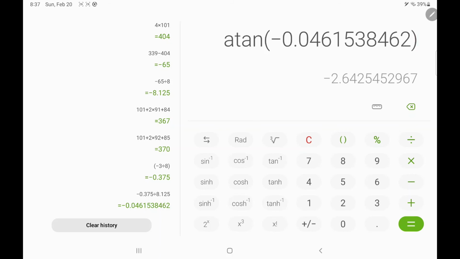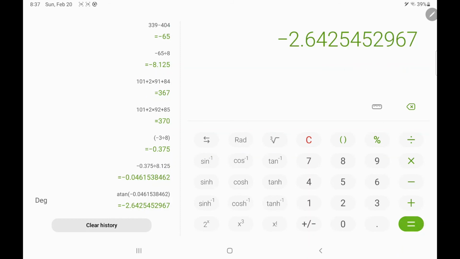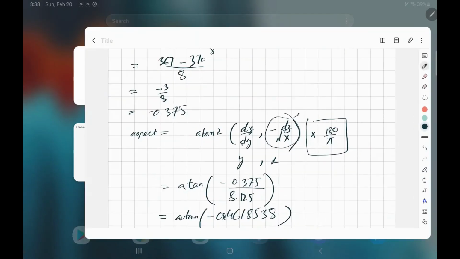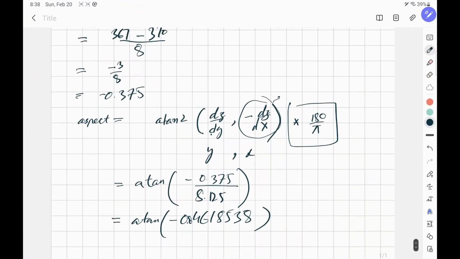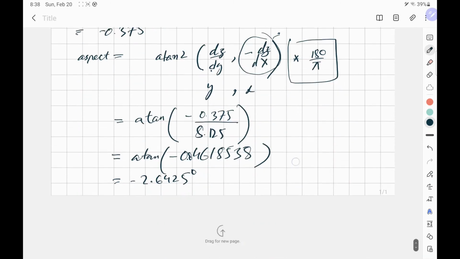The answer turned out to be minus 2.6425 degrees.